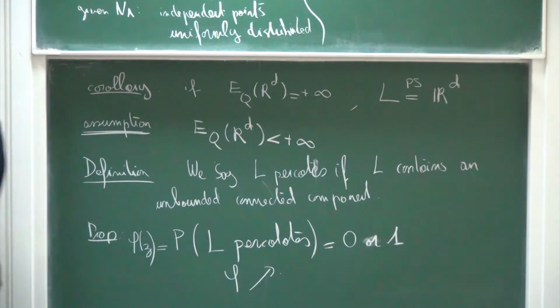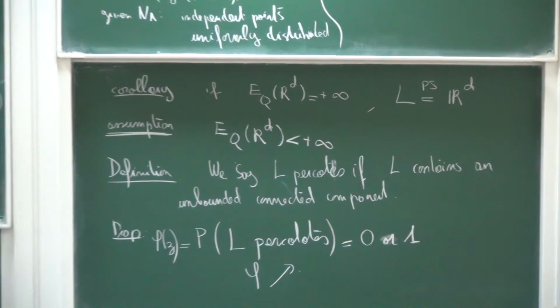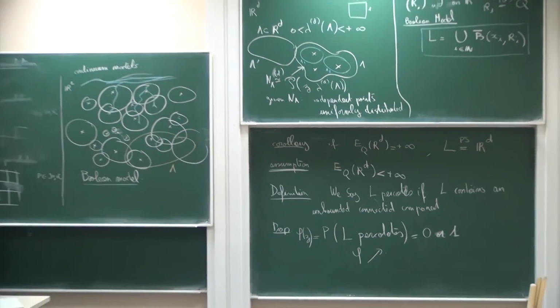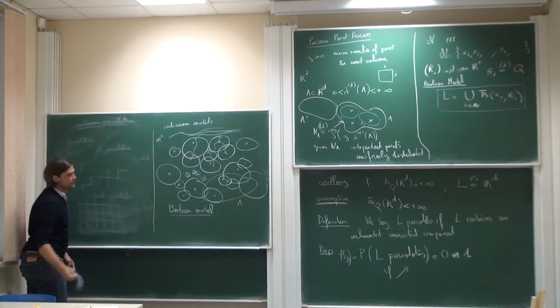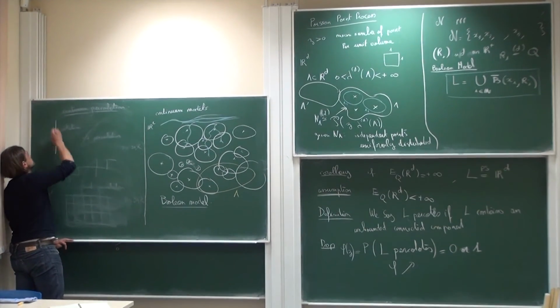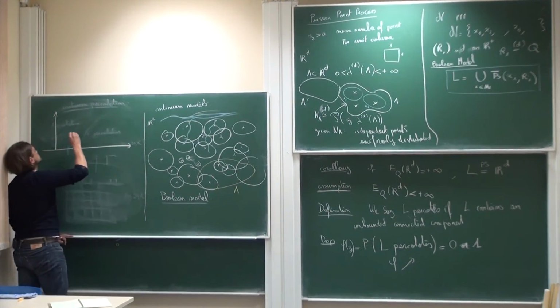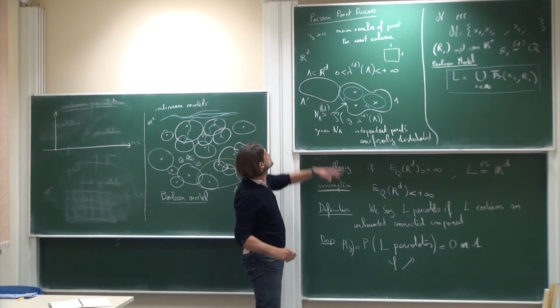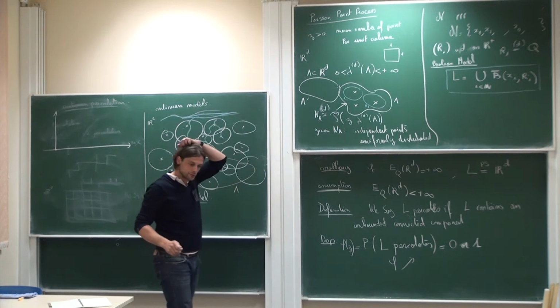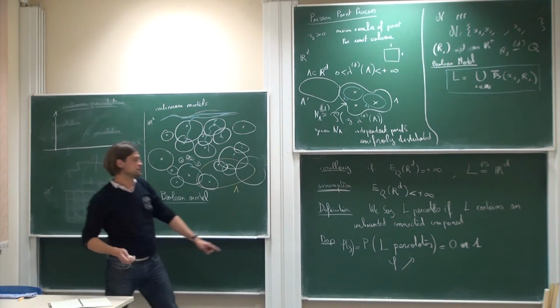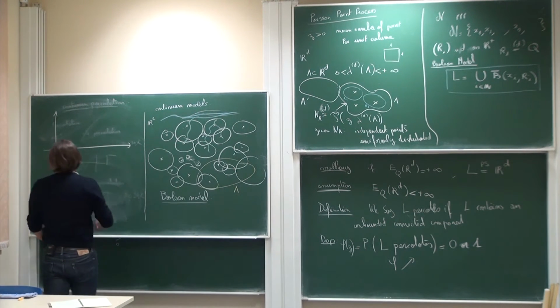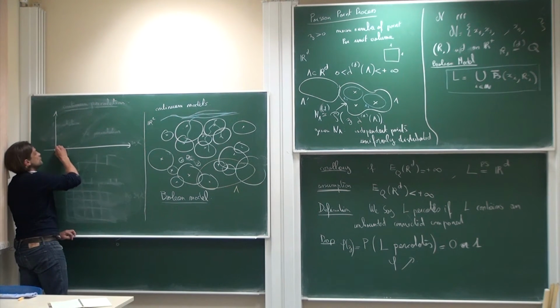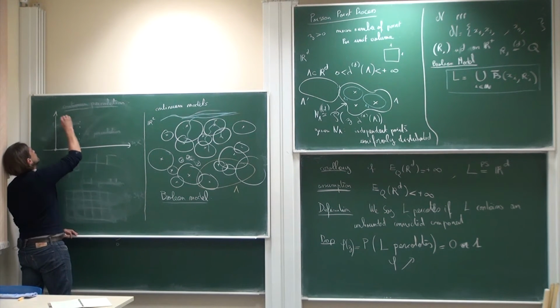The general feature of this function is like that. At the beginning, for z equal to 0, there are no points, so no percolation, and this quantity is equal to 0. Then it's increasing and is equal to 0 or 1. So finally, it's like that.